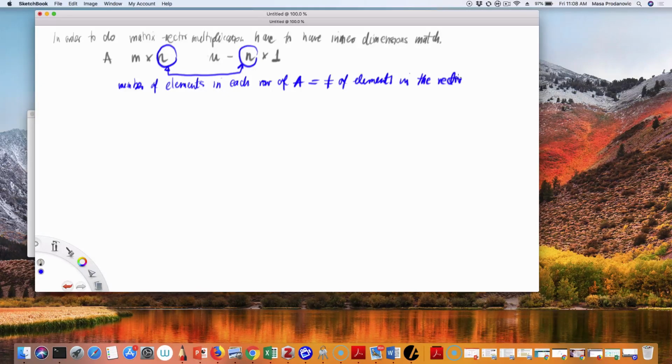Otherwise, I cannot do that scalar product. I have to have a matching number of elements to go down.